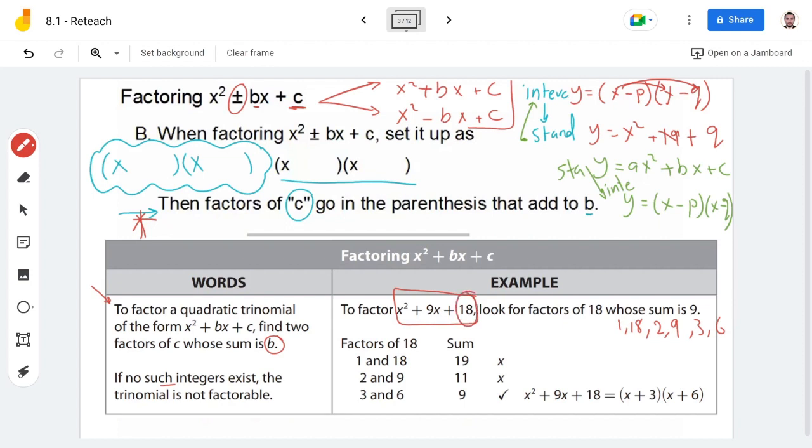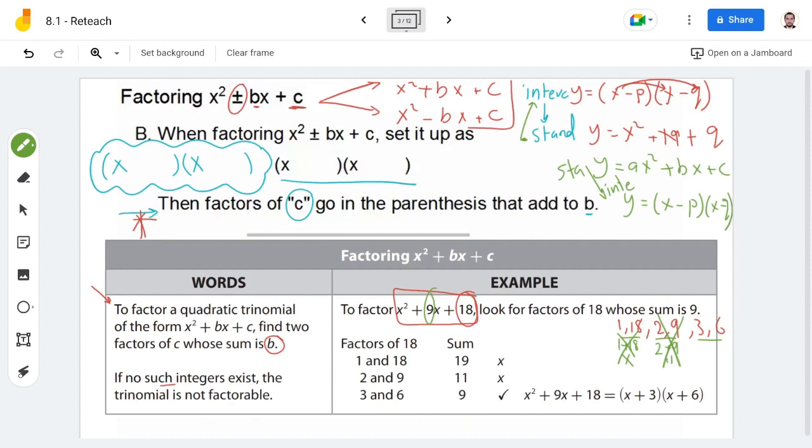Now, use these factors. Which of these factors, if you add them together, will give b, which is 9? First, 1 plus 18, is it equal to 9? No, so you cancel it. Now 2 plus 9 is equal to 11, so cancel this.